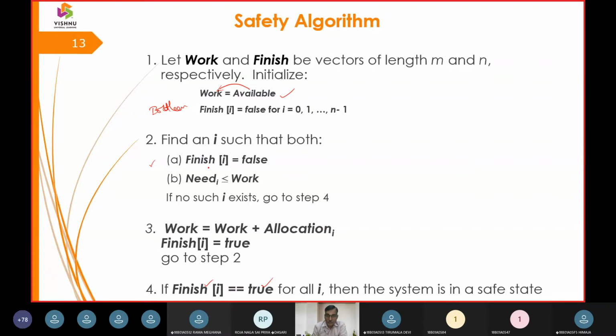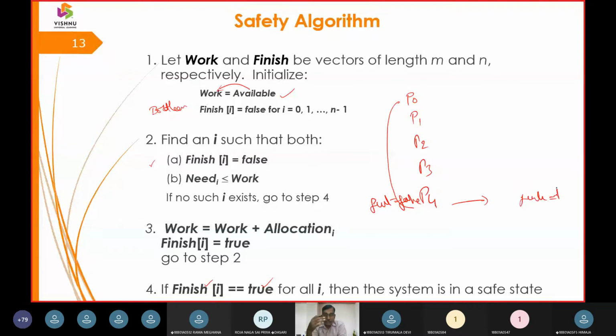I have P0, P1, P2, P3 and P4, so right from P0 to P4 we say finish is equal to false.